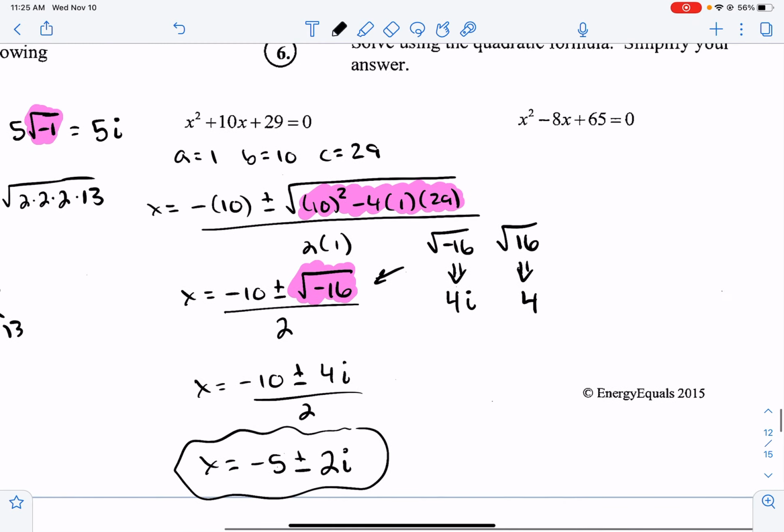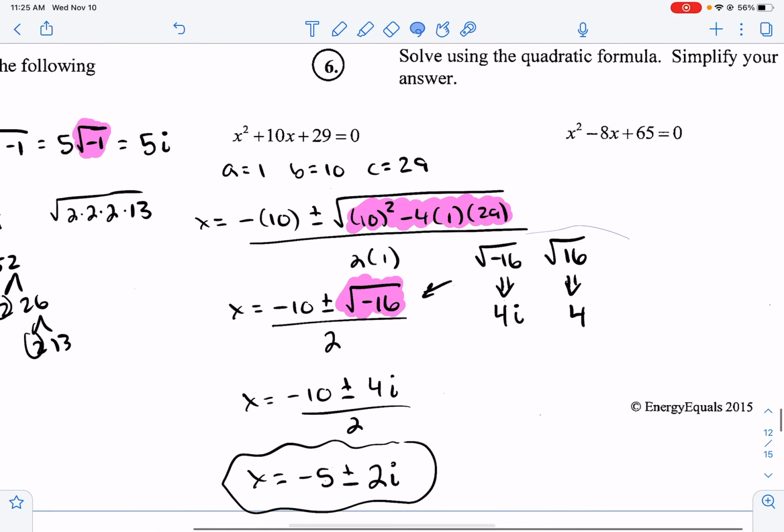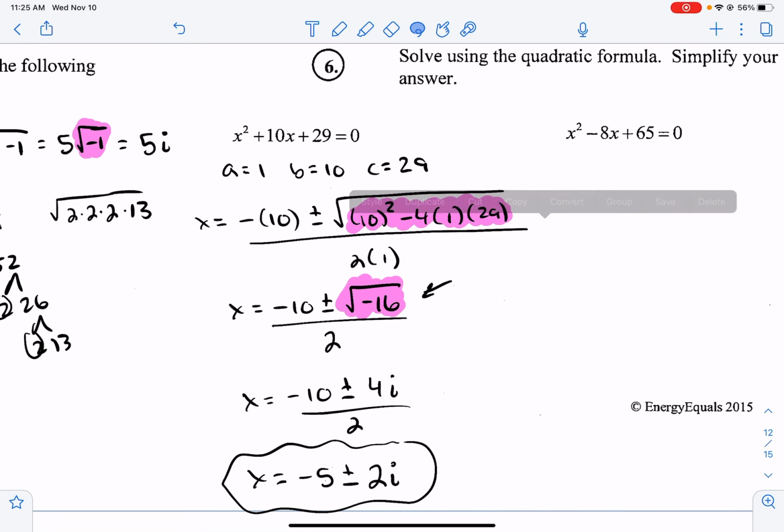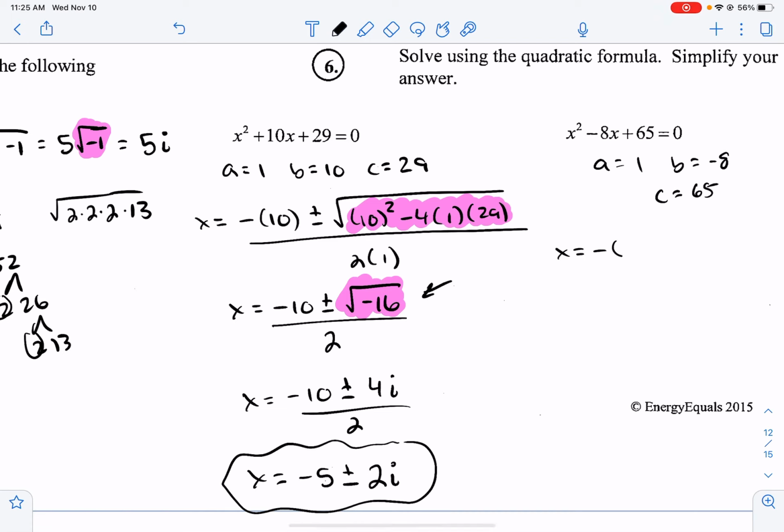All right? So let's try this one more time, and then I will let you practice these on your own. So a for this last example is 1, b is negative 8, and c is a great big 65. So when I write my formula, x equals negative 8 plus or minus the square root. I did not give myself enough room.